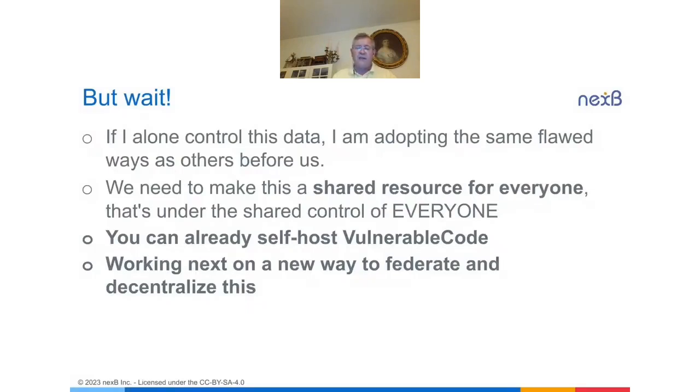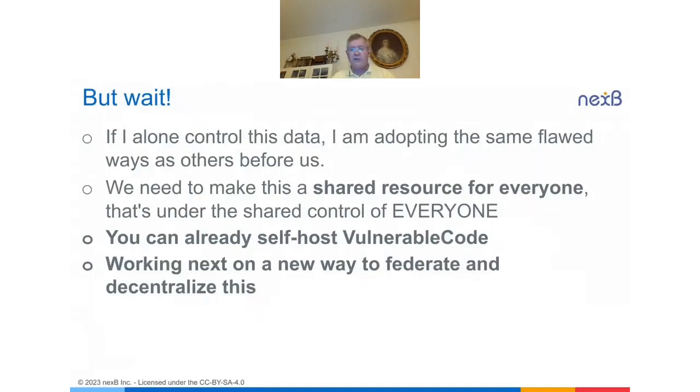So we're working next on making this a shared resource for everyone. Shared resource for everyone means we want to participate, eventually be an anchor to make this ecosystem work for everyone. But we want this to be a shared control, a shared resource under everybody's control, not only our own control.